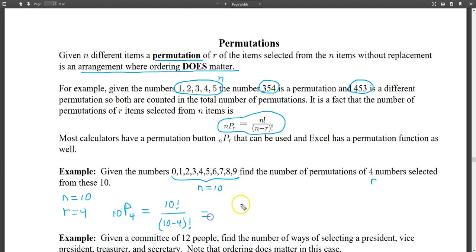And 10 minus 4 is 6, so this is 10 factorial divided by 6 factorial. Now we need to calculate that out. Like I said, calculators and Excel have the permutation formula built into them, so we don't really have to even calculate that out. Let's just use the permutation function on the calculator.